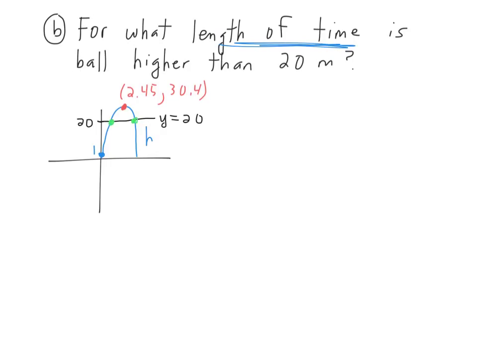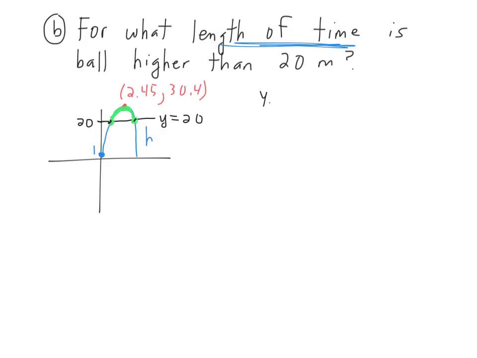If we want to figure out the length of time where it's higher than 20, we need to figure out how much time it is above 20 on our graph. So we need to find the intersection points here as a starting point to find out where it's equal to 20. So you're going to let the calculator do the work for you there.